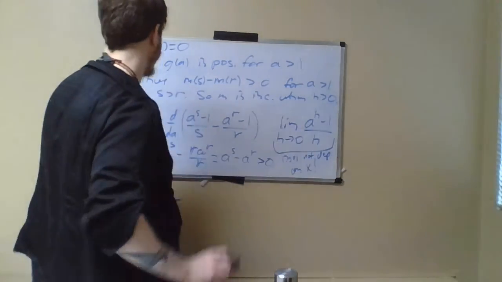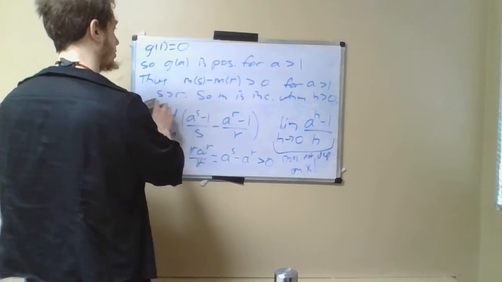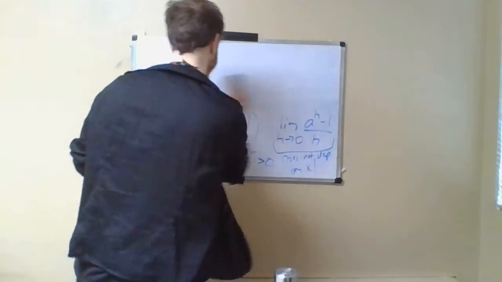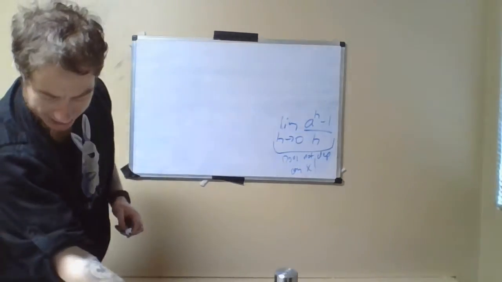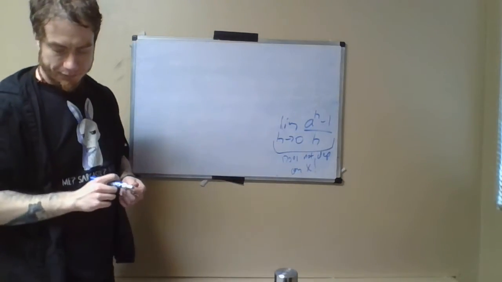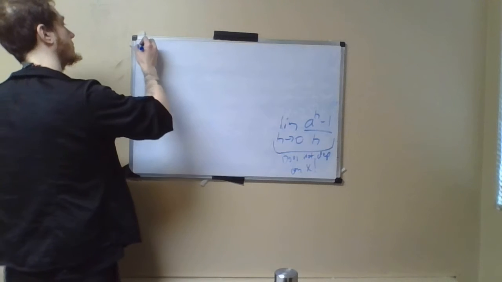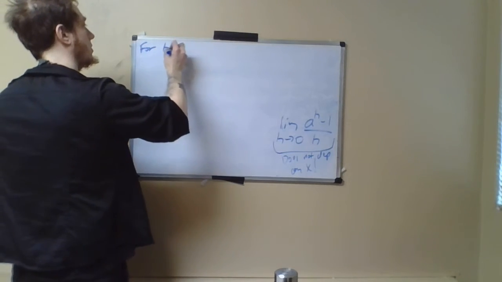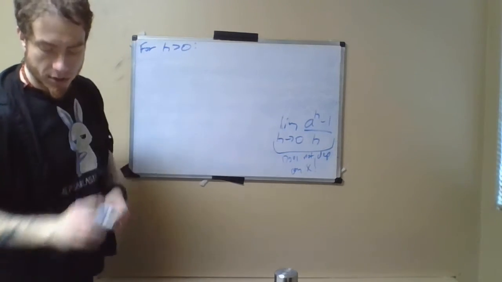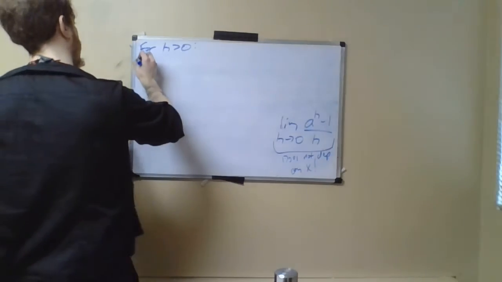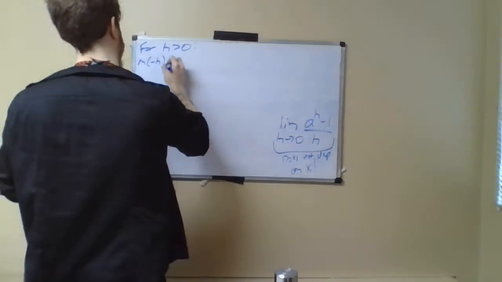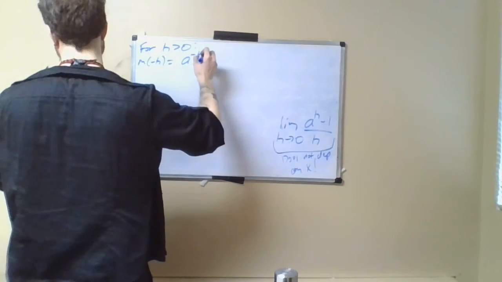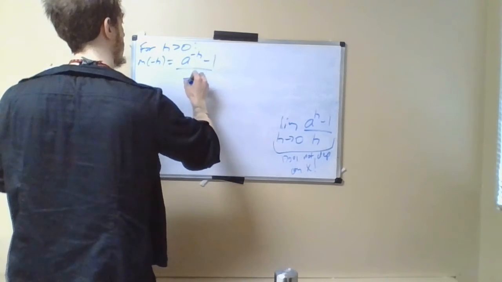Well, the next thing that we want to do is, now that we've established that m of h is increasing, we want to go ahead and say for h bigger than 0, m of minus h is equal to a to the minus h minus 1 over negative h.